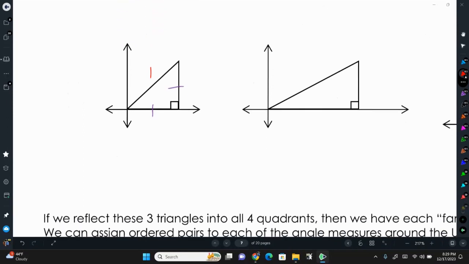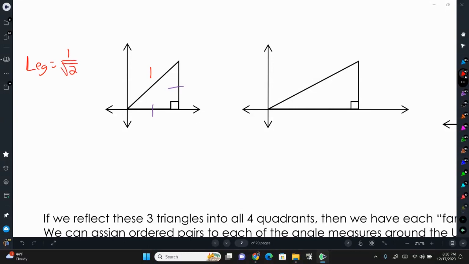Well, the rule for 45, 45, 90 triangles, if I multiply the two legs by the square root of 2, I get 1. So if we go backwards and I give you the hypotenuse, that means our leg is going to be 1 divided by the square root of 2.